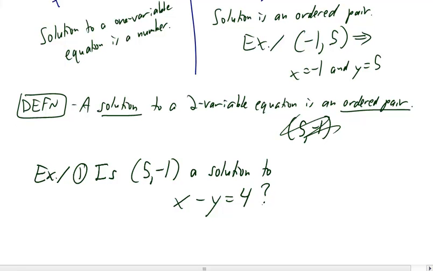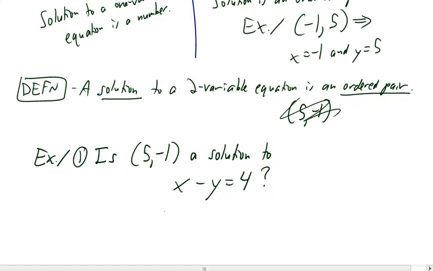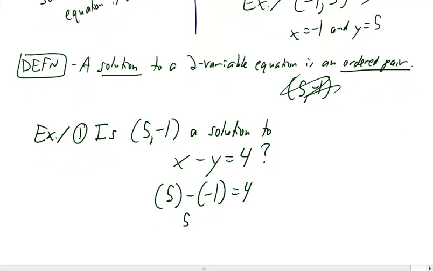Plug in 5 for x and -1 for y, and just see if it's true. Okay, maybe it won't take 20 seconds. We substitute 5 in for x and substitute -1 in for y. You see that we get 5 plus 1, which is not equal to 4. So, no.